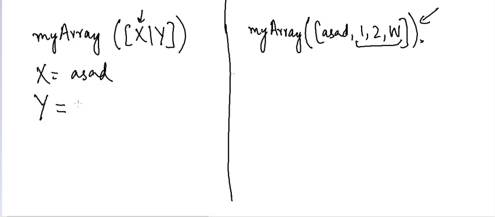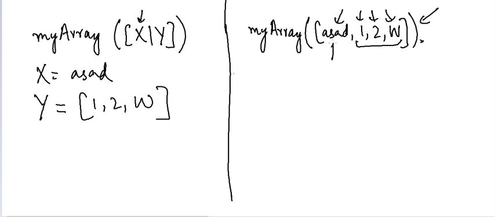The remaining part, right? Which is going to be 1 comma 2 comma w. Okay, just remember this, that in Prolog, as far as the arrays are concerned, the elements can be of any data type. You don't need to worry about that. So you have a string value here, you have integer values here, and you have a character here. So in Prolog, you can have an array which can have all these kinds of data types.